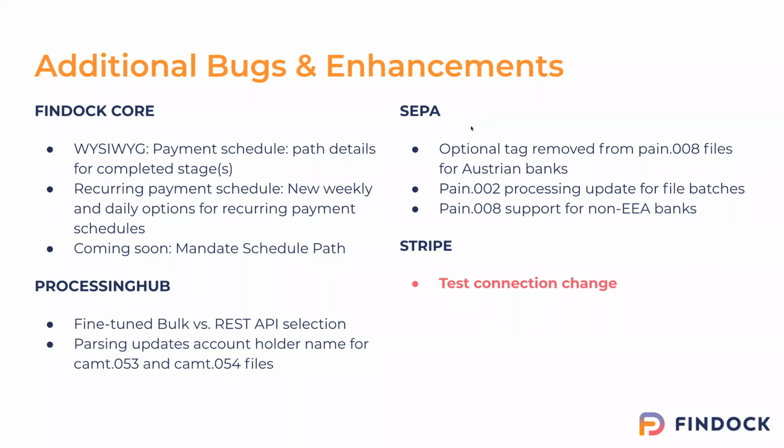So when you do a SEPA direct debit to, for example, a Swiss bank account or a UK bank account or any other of the non-EEA countries, then this extra data is now needed. And we've incorporated that in our data quality component to highlight that to you.